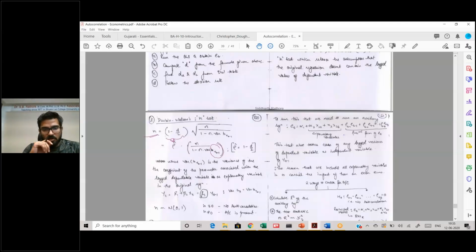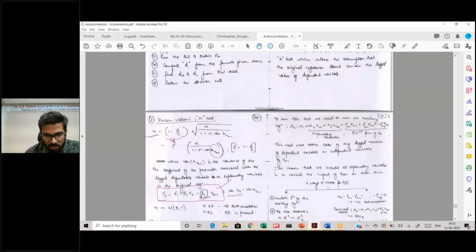Remember, one of the assumptions of the d test was that the d test cannot be used when you have an autoregressive model. That means when one of the explanatory variables is a lagged version of the dependent variable. This was not allowed. Suppose this is the regression that you have. So this is the parameter B3.